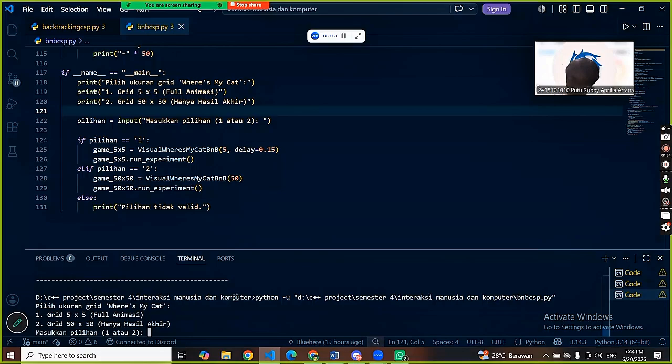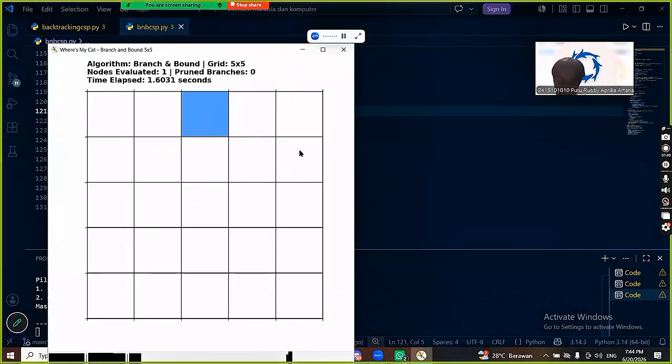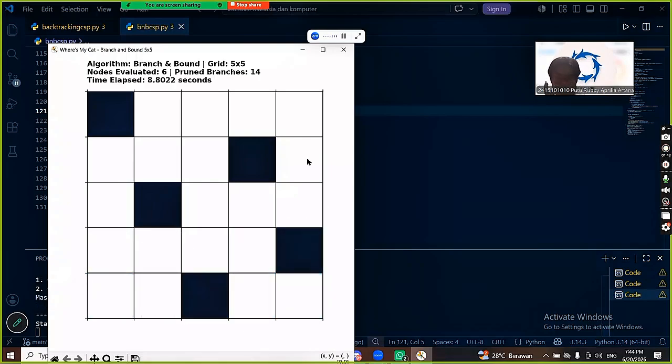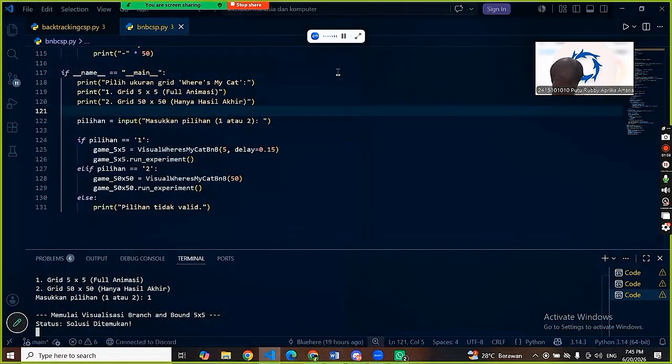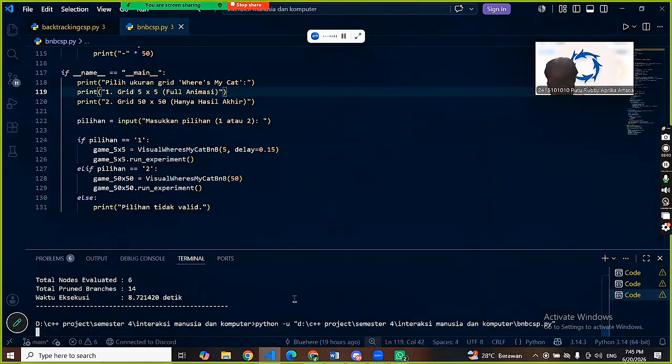Let's try the 5 times 5 first. Okay, as you can see here, the nodes evaluated is just 6. So it's much less than the backtracking before. And then let's try the 50 times 50 for the branch and bound algorithm.